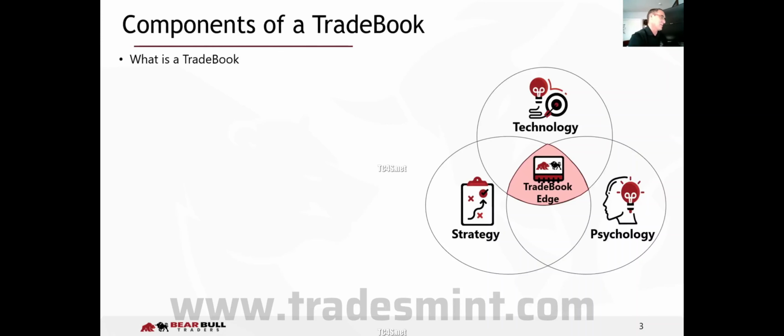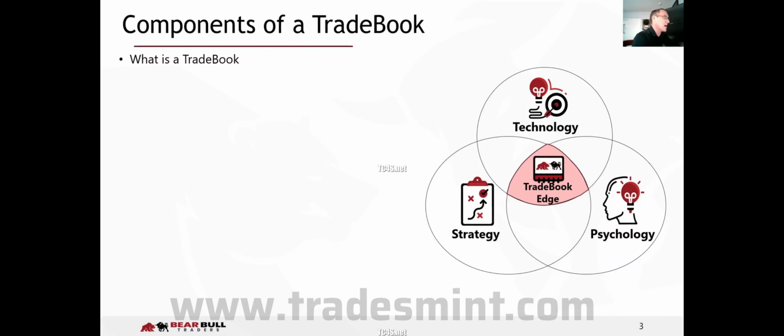You have the recipe, you have the ingredients, but when you try to duplicate it, it just doesn't come out quite right. That's because there's a DNA sense that you put onto this trade book, and that is what is known as the trade book edge. And we'll talk about and discuss what that is further.